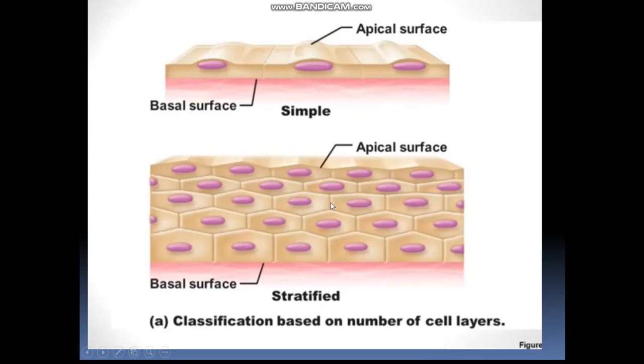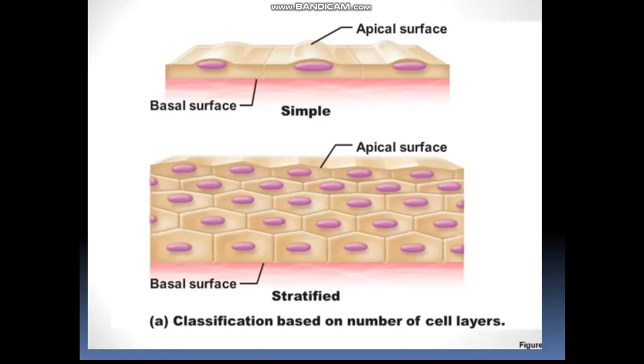That's why nourishment of the epithelial cells is provided from the underlying connective tissue blood vessels. Those nutritive substances and oxygen will diffuse through the connective tissue and will reach epithelial cells.